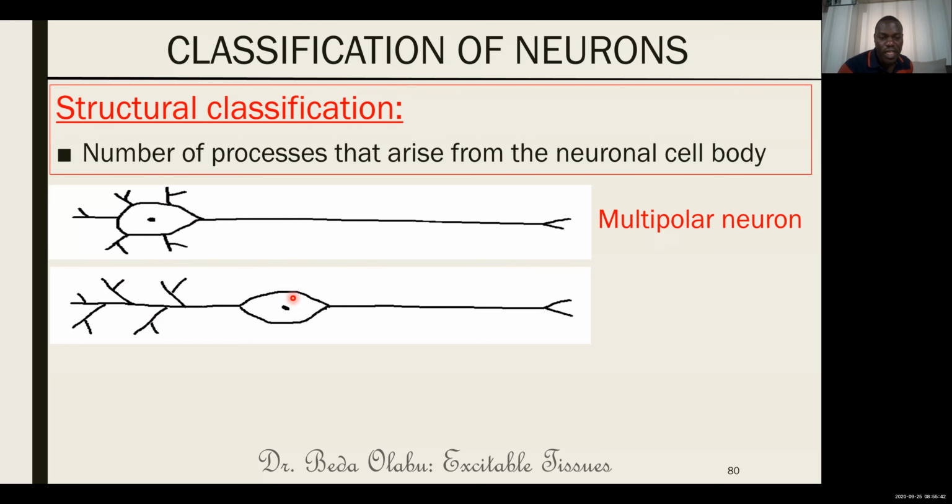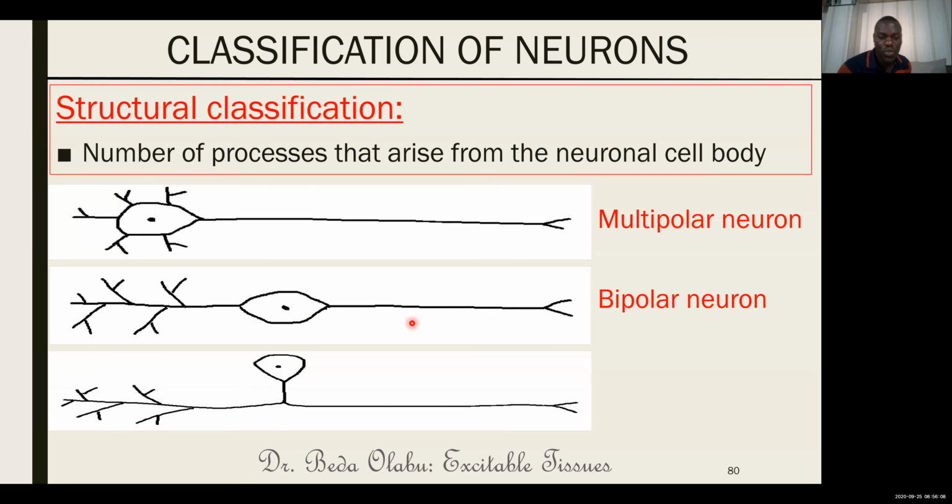In this second example, we see a cell body of a neuron with 2 processes arising from it, one being an axonal process and the other a dendritic process. We therefore call it a bipolar neuron.